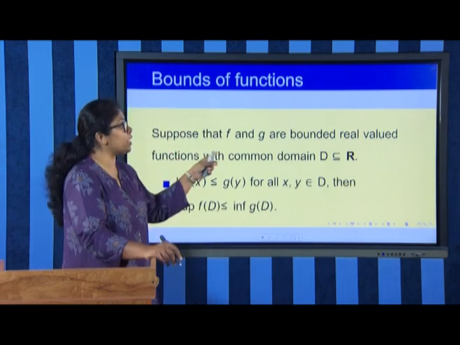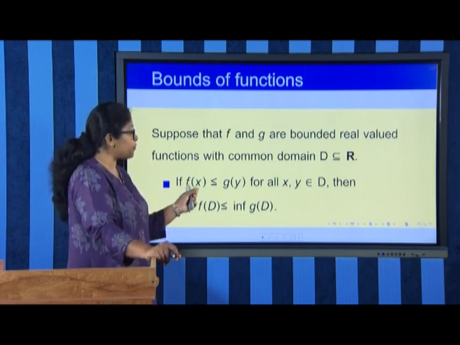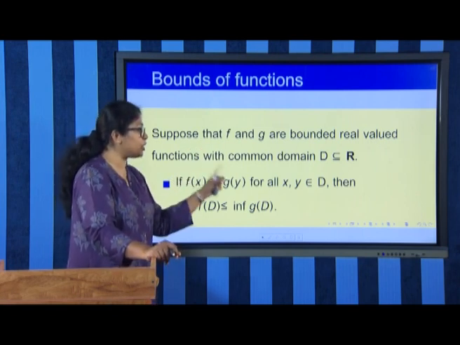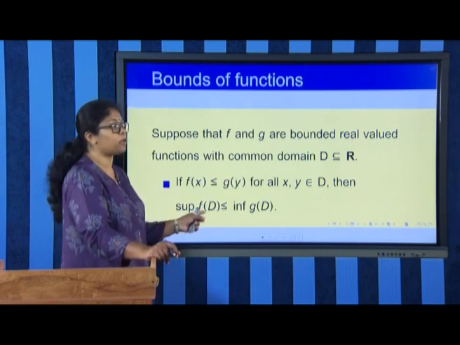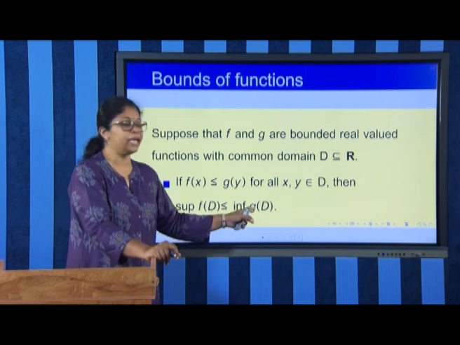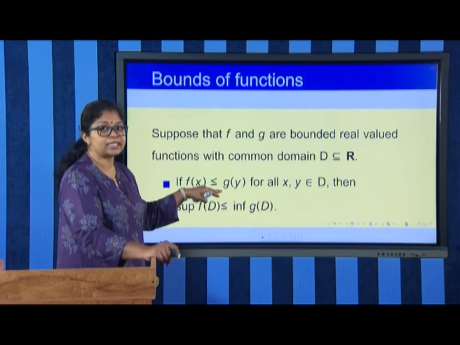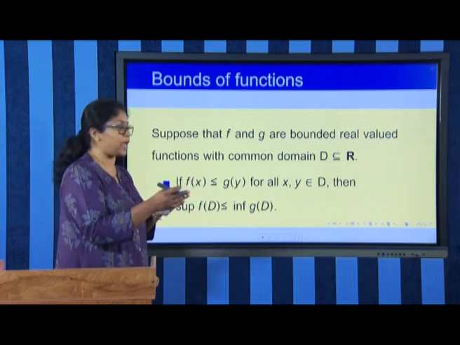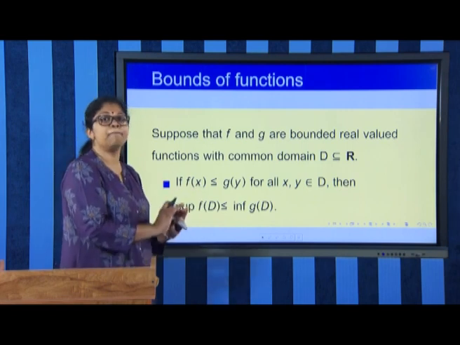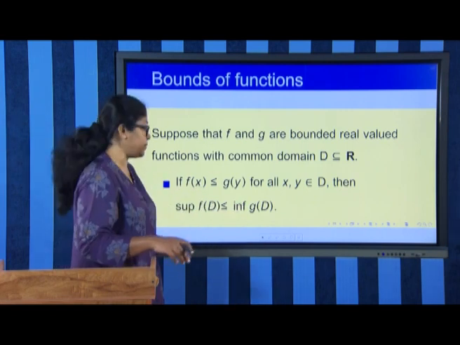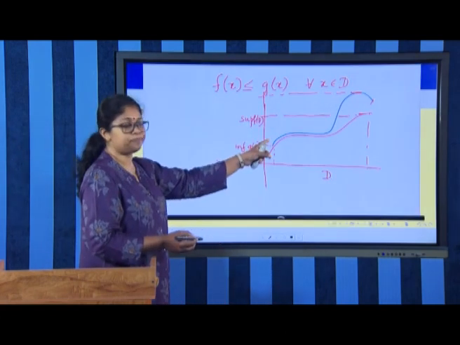suppose that f and g are both bounded real functions with a common domain D. If f of x is less than or equal to g of y for every x and y belonging to D, then supremum of f of D is less than or equal to infimum of g of D. So, this inequality guarantees that whatever be the values of x and y, f of x should always lie below the values of g. So, that means we cannot have a graph something like this.